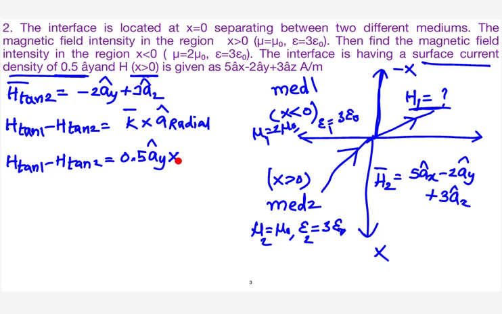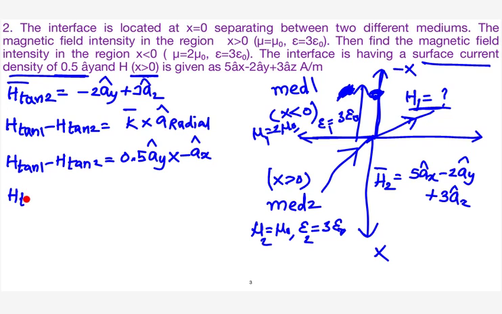Negative, correct. Because you are finding the magnetic field intensity in medium 1. When you are in medium 1, let me say you are here. This is the source and this is your observer. So you are moving in the negative x direction, so this will be negative x. So you can substitute that.